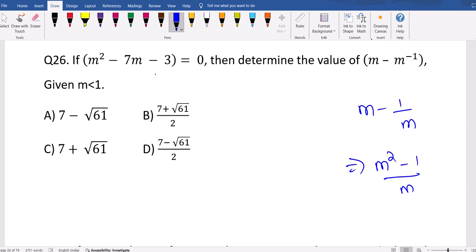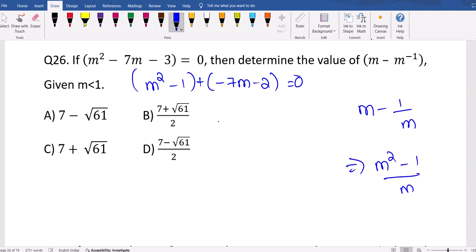But one thing I can check from the question: m square minus 1 minus 7m minus 2 is equal to 0. I can put it like this. Then m square minus 7m minus 3 equal to 0.